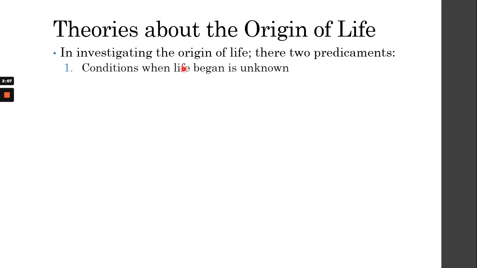As you'll see later, one of the things that our researchers and the science body did was to try and understand these early conditions, and see if we can replicate or duplicate these conditions in our experiments and see if we can actually begin another life. So that is one of the problems in studying the origin of life: the conditions are unknown.